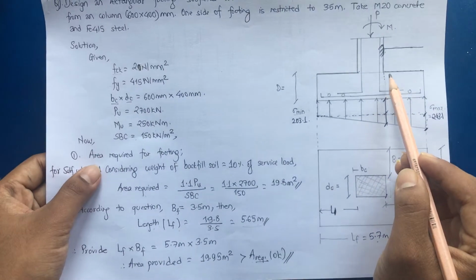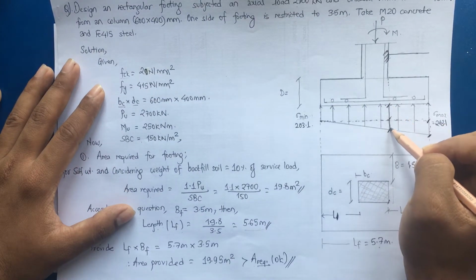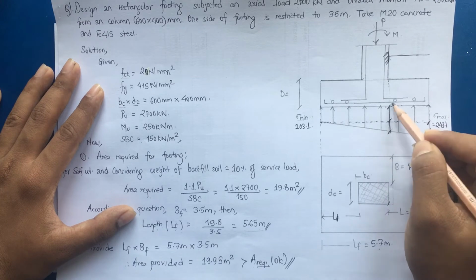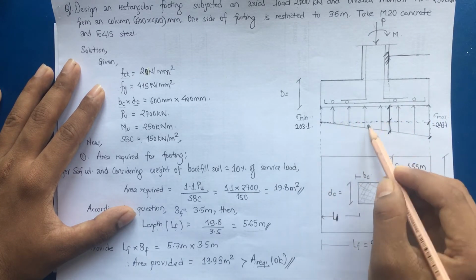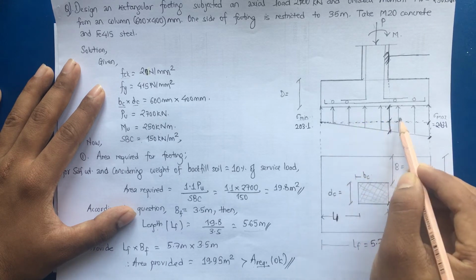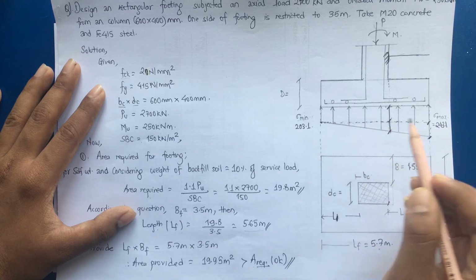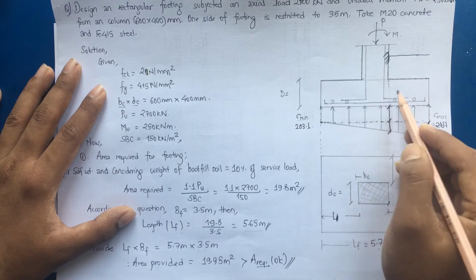So for now, at the face of the column, the soil pressure is equal to this much height, so we have to calculate this value. Dividing this non-uniform loading into two regular sections, that is triangle and rectangle, we can find the soil pressure at the face of the column.